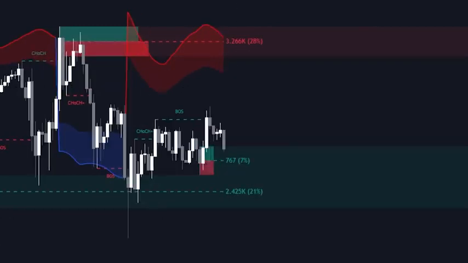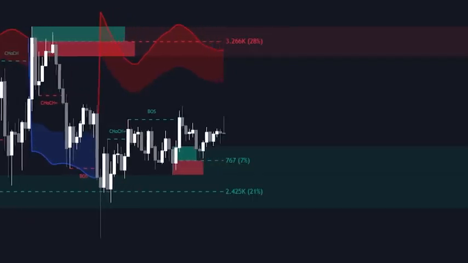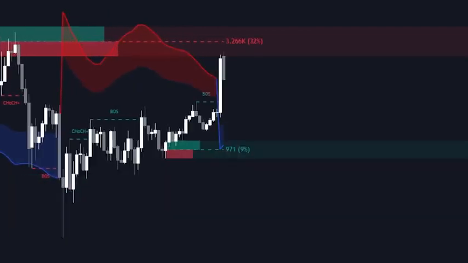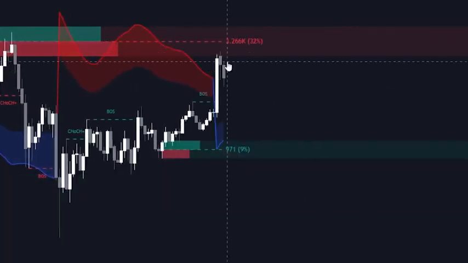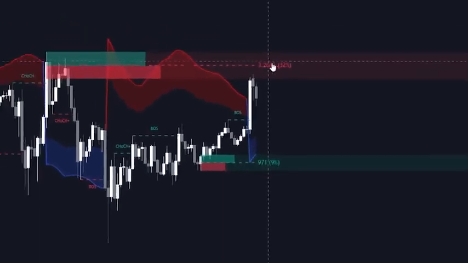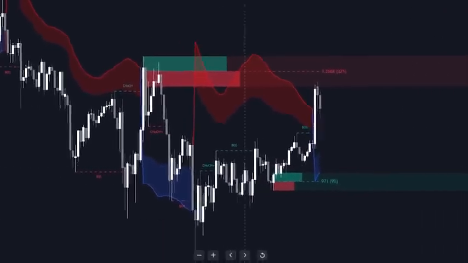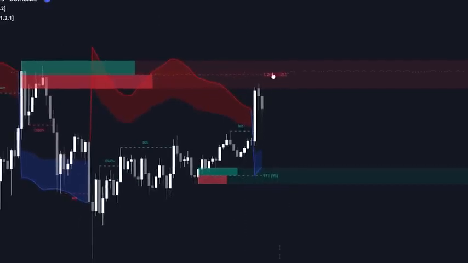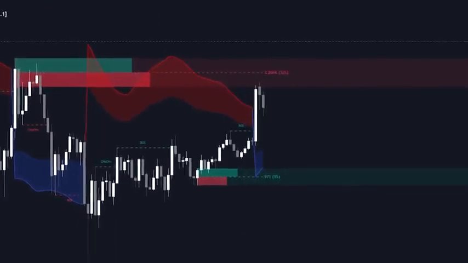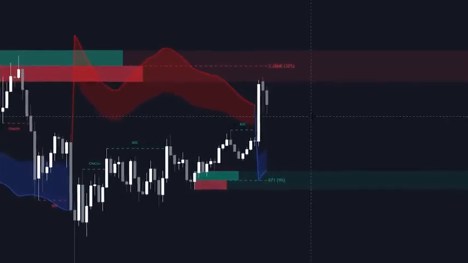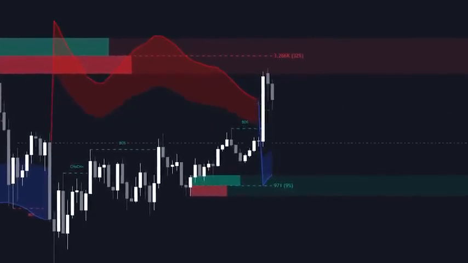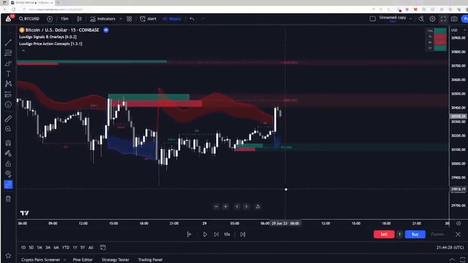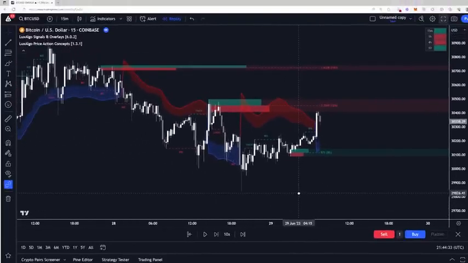We see a quick entry into the order block, and as we can see, the bounce has played out, and we're noticing that that general area that we were watching was the area where we got our first initial reaction to the downside right here. Obviously, this was a clear area of resistance, and it would have been an incredible trade to take by utilizing these two indicators together while trading here on the 15-minute time frame.